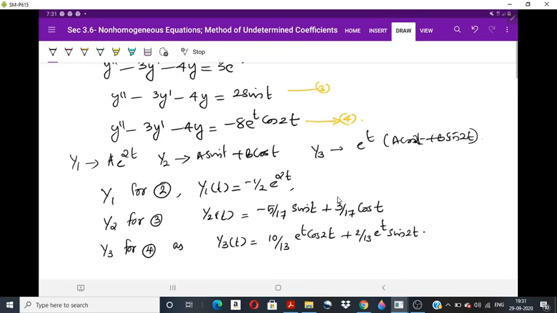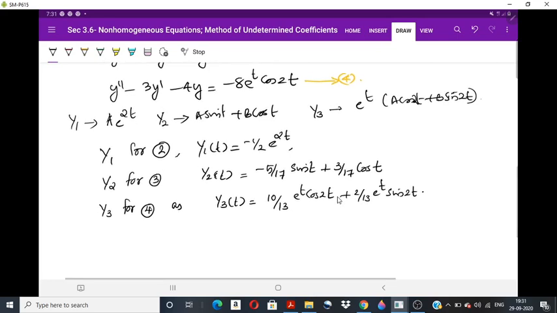The particular solution of equation 3 is obtained as y2 of t equal to minus 5 by 17 sin t plus 3 by 17 cos t, and y3 is 10 by 13 e raised to t cos 2t plus 2 by 13 e raised to t sin 2t.